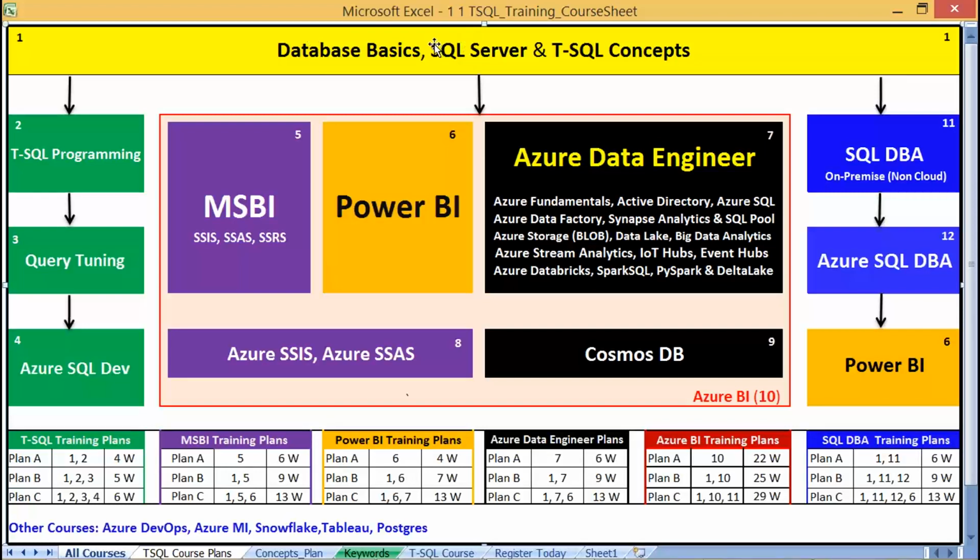Yes, we'll start with box number 1 and from there proceed to 6 and/or 7 as per preference. If you are looking for cloud, box 1 concepts are enough to step into cloud, Azure or Power BI, or both clouds.